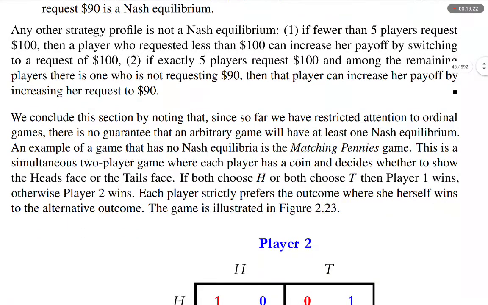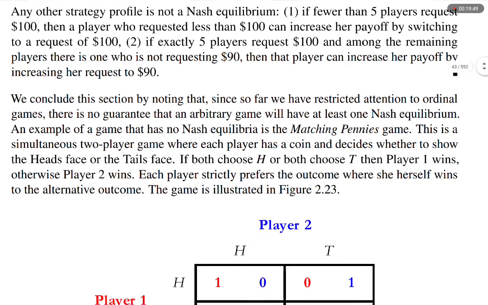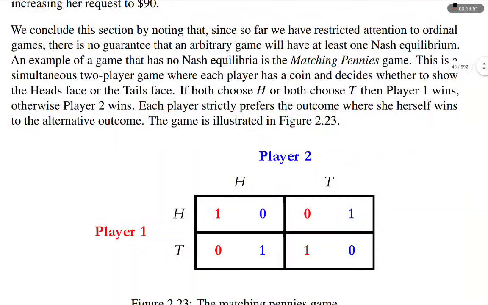If fewer than 5 players request $100, then a player who requests less than $100 can increase her payoff by switching to a request of $100. 2. If exactly 5 players request $100, and among the remaining players there is one who is not requesting $90, then that player can increase her payoff by increasing her request to $90.